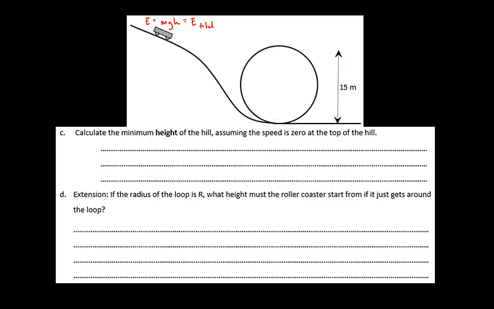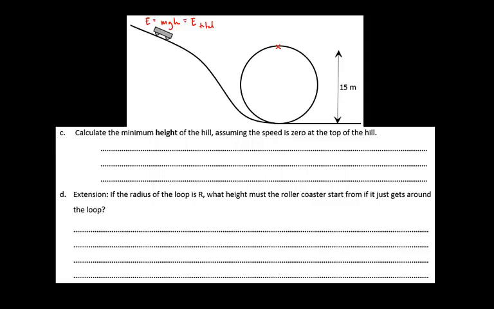And up here, at the top of the loop, it's going to have a combination of kinetic energy and gravitational potential energy. And we know how much kinetic energy it must have at the top, because we know how fast it must be going to not fall off. So the minimum height is the height where it has enough potential energy to get it back to the top of the loop with enough speed that it doesn't fall off.